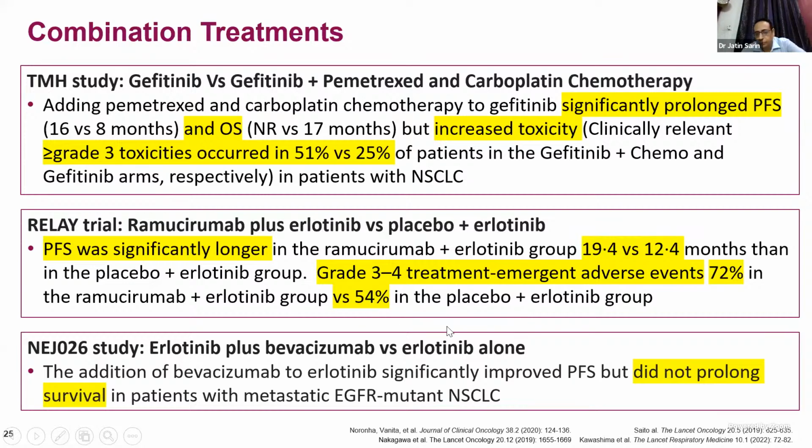There is a subset of patients who might benefit, but it is still exploratory. These two strategies are for particular subsets of patients, which I'm not going to discuss here. Otherwise, osimertinib in both cases is a valid and the most tolerable treatment option.